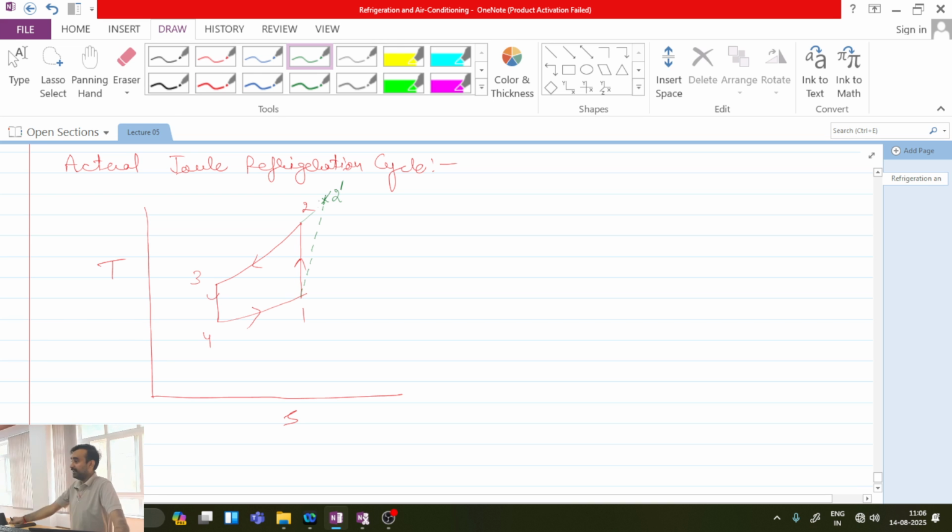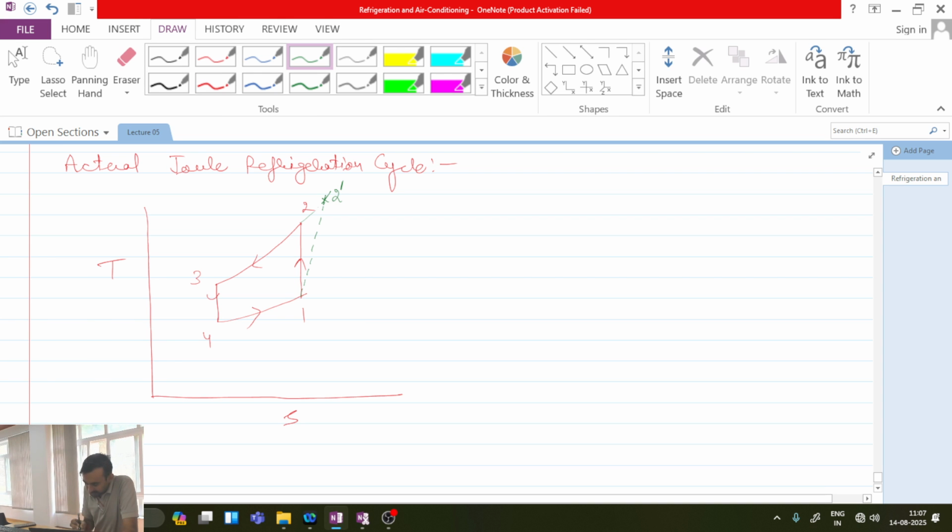Okay, and whenever we represent the different processes on a thermodynamic cycle, the quasi-static or reversible processes are represented with a solid line, and actual processes on the property diagrams are represented with a dashed line. So that's why I am not drawing a continuous line over here, I am drawing a dashed line.